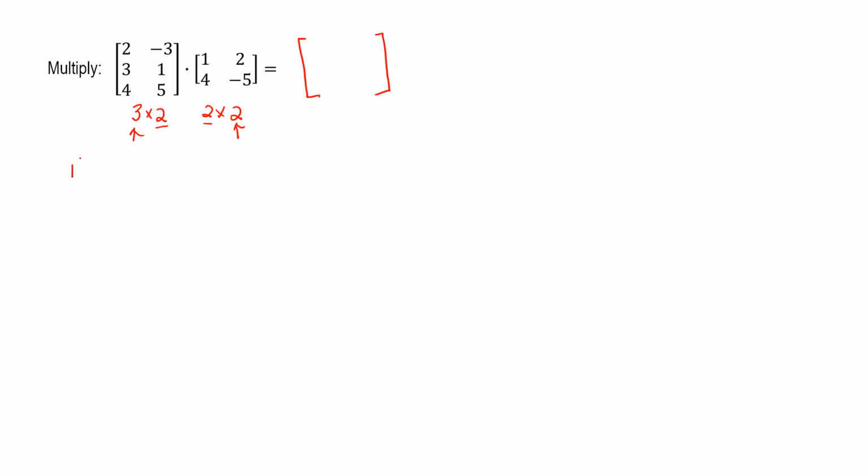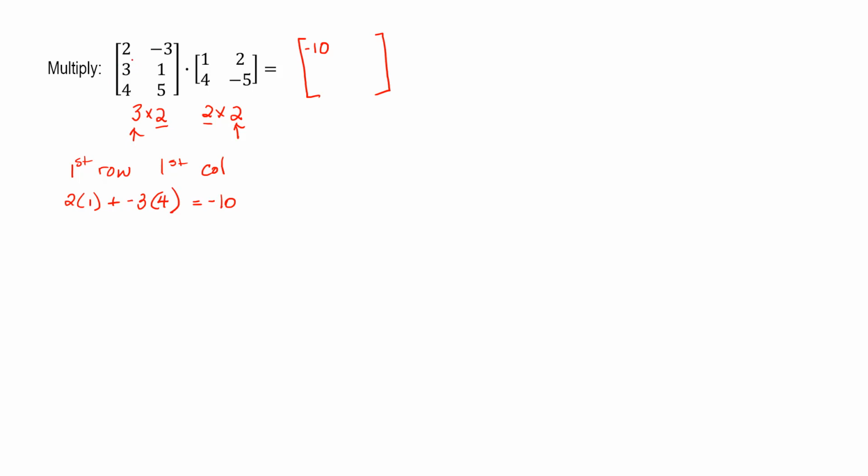So first row, first column, 2 times 1. We're going across and down. So 2 times 1 plus negative 3 times 4. That is 2 minus 12, which is negative 10. So that goes right here.